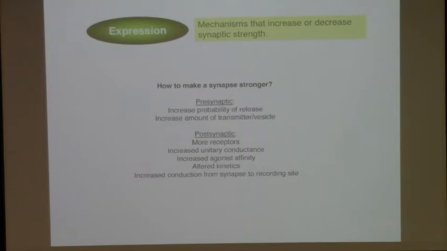Actually, these synapses in the hippocampus that I've been telling you about, the probability that they release a vesicle upon an action potential is very low, it's 0.1. One out of 10 times they will release the vesicle. So if you increase that probability of release, you're going to get a bigger response on average, because normally you're recording from several axons. Okay, that will be one.